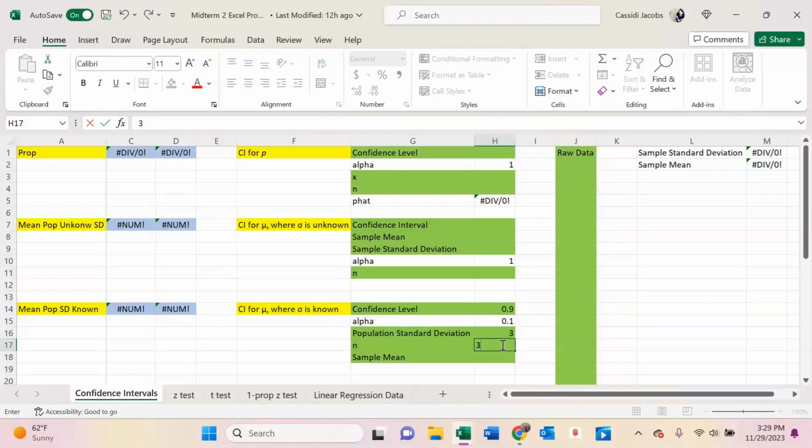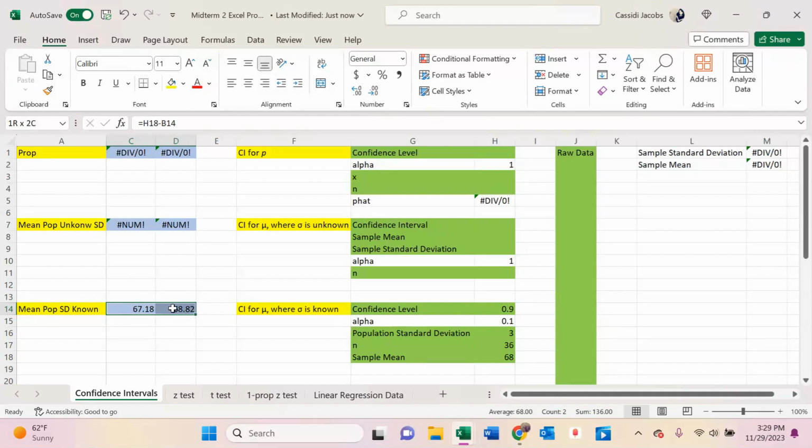Our sample size was 36. And the sample mean that was given was 68. And now you see that right here in blue, we have been given an interval that goes from 67.18 to 68.82. So that is the solution to the problem.